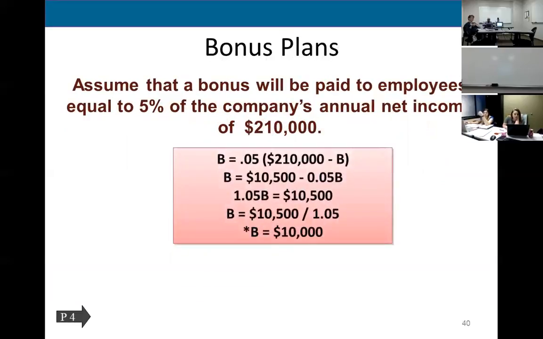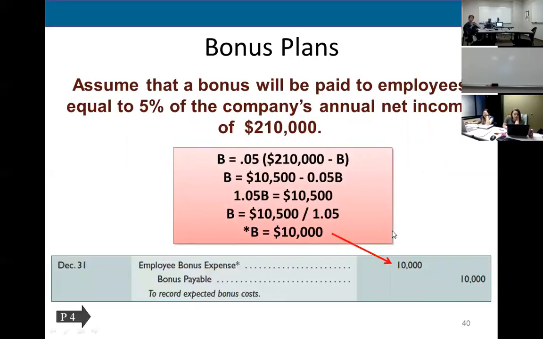A bonus plan. I'm going to first assume you're fortunate enough to get a bonus plan. All right, now you're going to get a bonus plan to be paid to employees equal to 5% of the annual net income, $210,000. So to calculate this, let's set up the basic bonus equation.